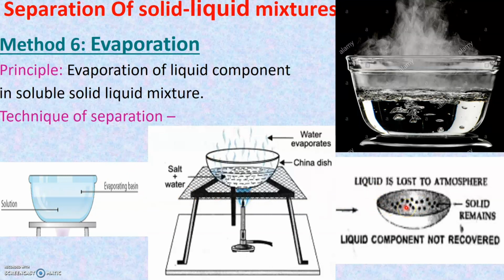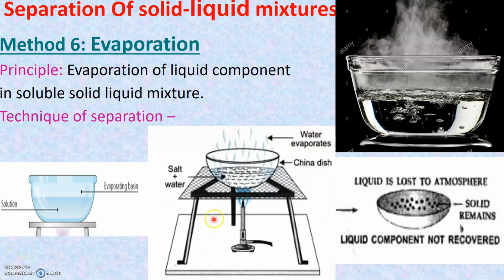So we see here that on evaporation, the liquid is lost into the atmosphere and this liquid component cannot be recovered back, while the solid that was initially dissolved in this liquid now remains in this evaporating dish. Thus, the solid can be separated from the liquid.